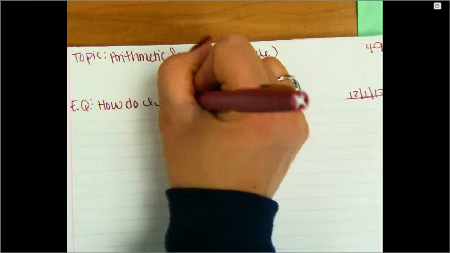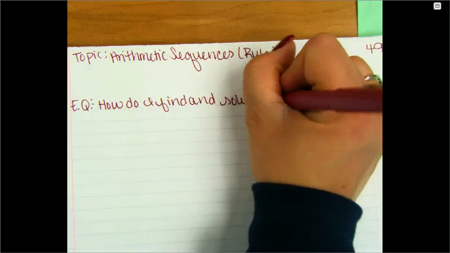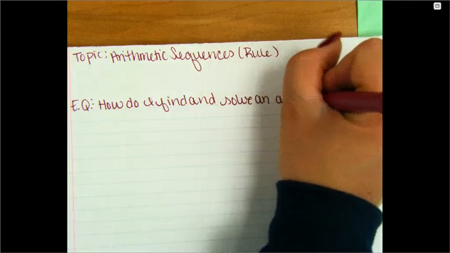How do I find and solve an arithmetic sequence?